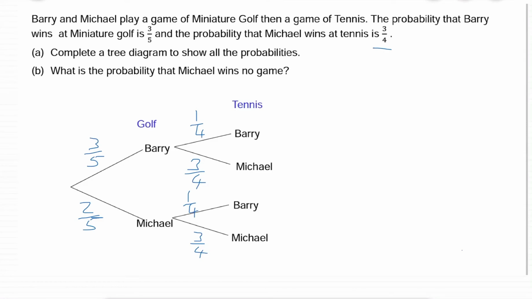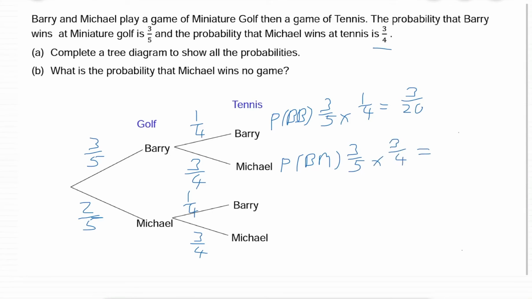Okay, so let's work out our probabilities quickly. So probability of Barry winning both, we have 3 out of 5 times 1 over 4, which is 3 out of 20. Probability then of Barry and then Michael, 3 out of 5 times 3 out of 4. We have 9 over 20.